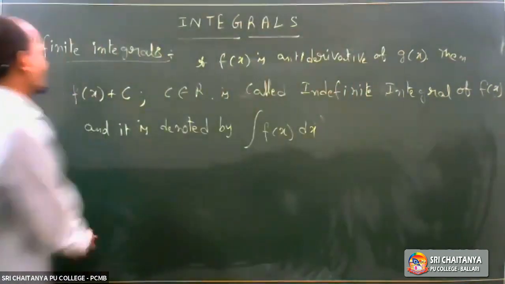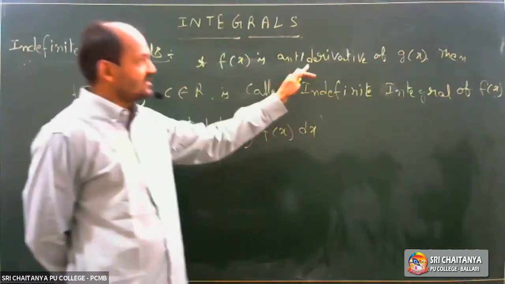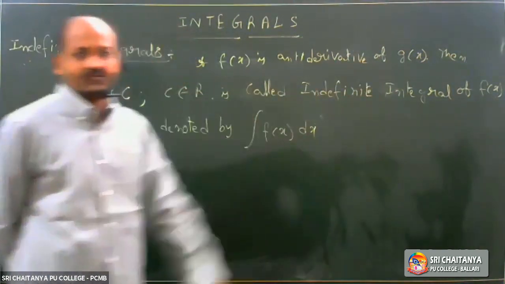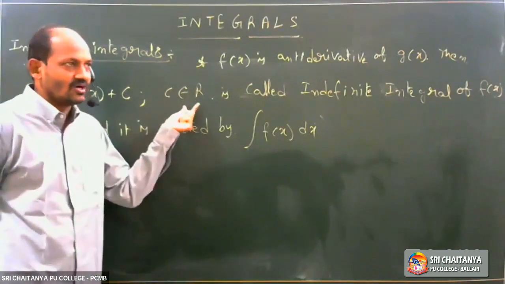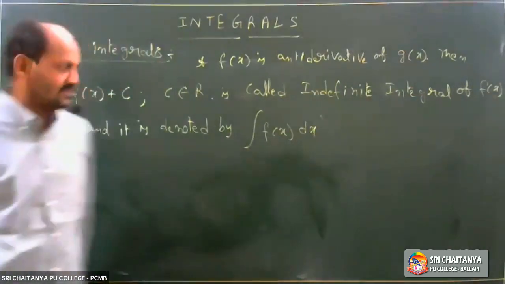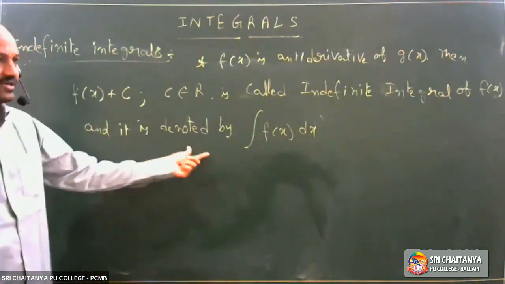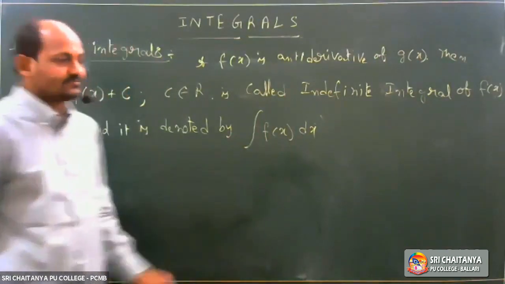Right now, it is indefinite integrals. If f of x is an antiderivative of g of x, then f of x plus c, c belongs to R, is called the indefinite integral of f of x, and it is denoted by integral of f of x dx.